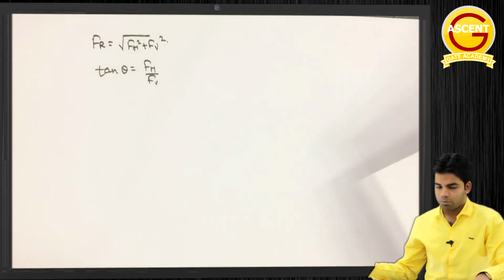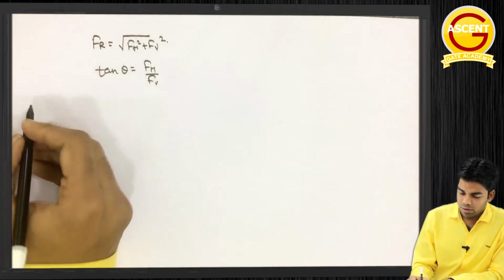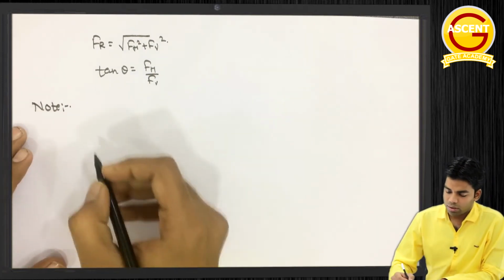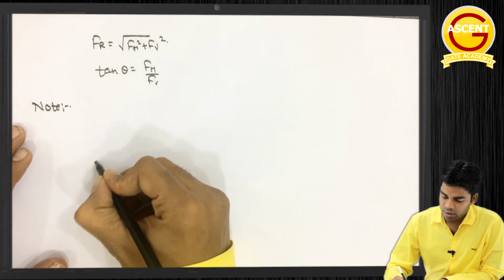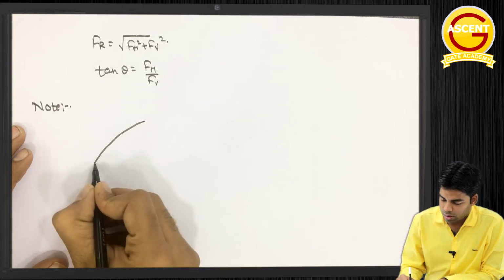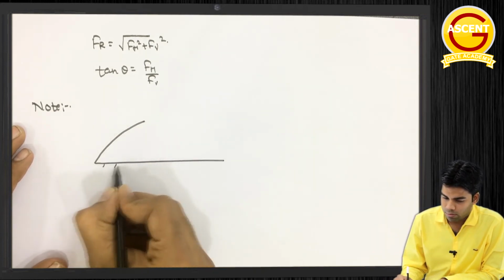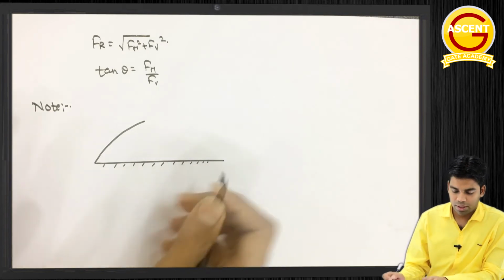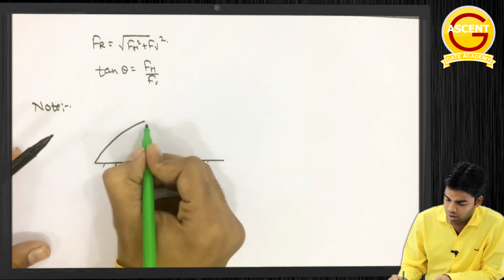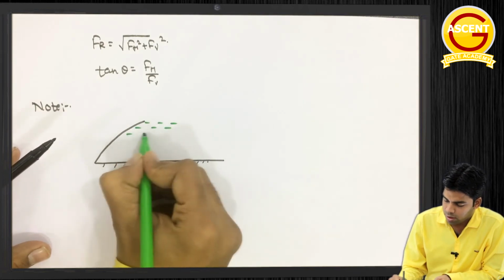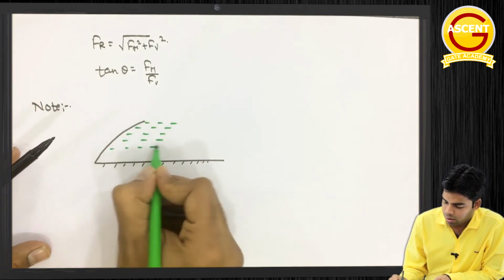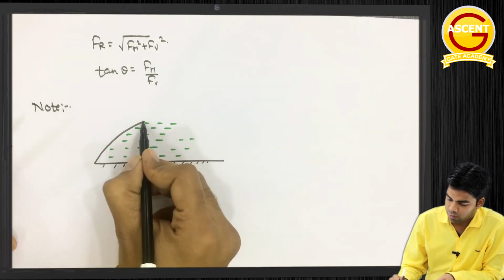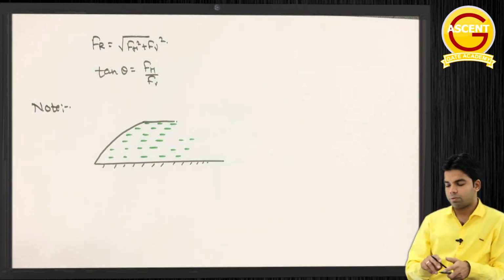Okay. Now very important note. Now suppose the underside of the curved surface is subjected to some hydrostatic pressure. Okay, so the underside of this curved surface is at water. This is our curved surface, and we have the underside of this curved surface as water.